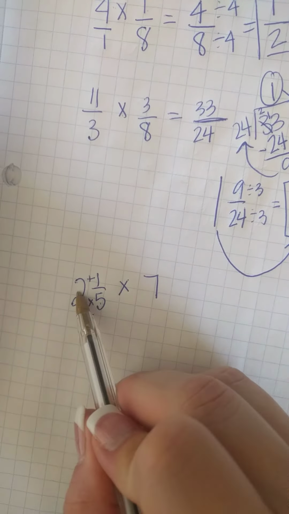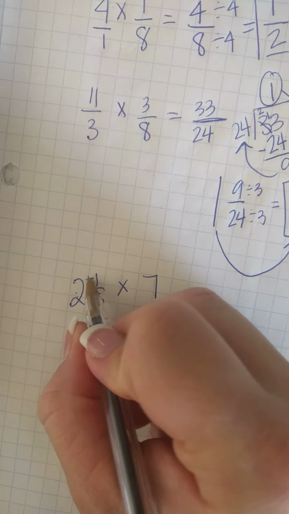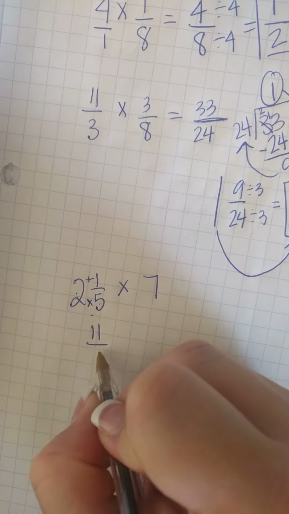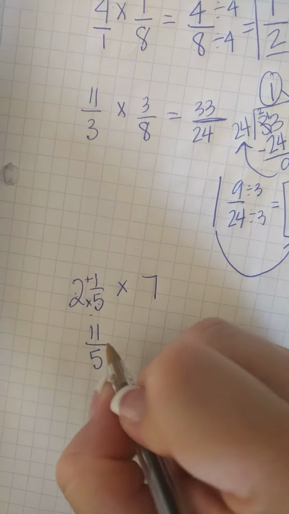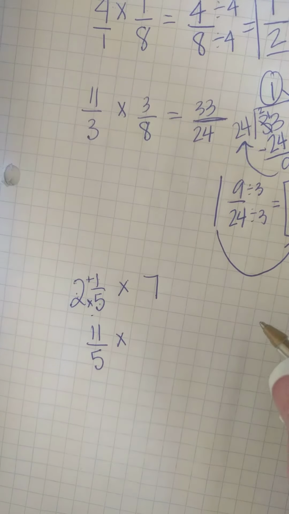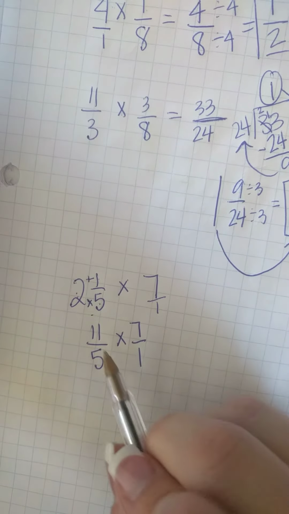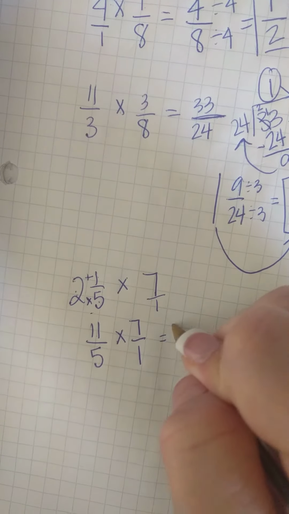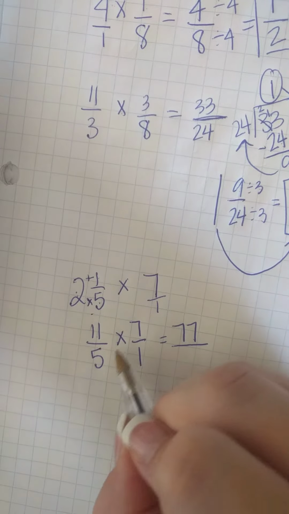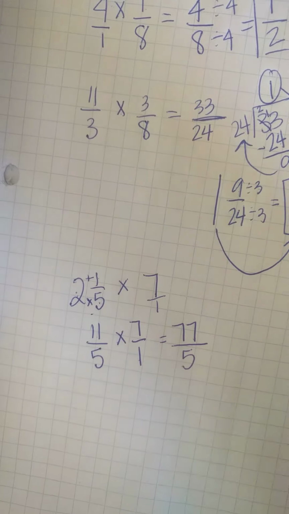Okay, so 5 times 2 is 10, and 10 plus 1 is 11. I keep the same denominator. Times, now I need to write 7 as a fraction, so I put a 1 under it. Now 11 times 7 is 77, and 5 times 1 is 5.